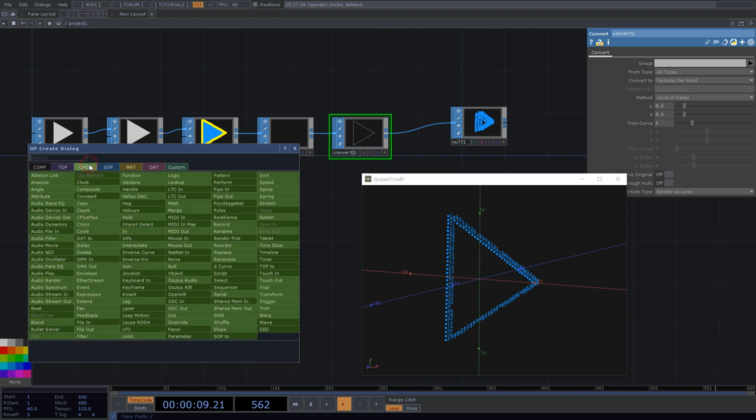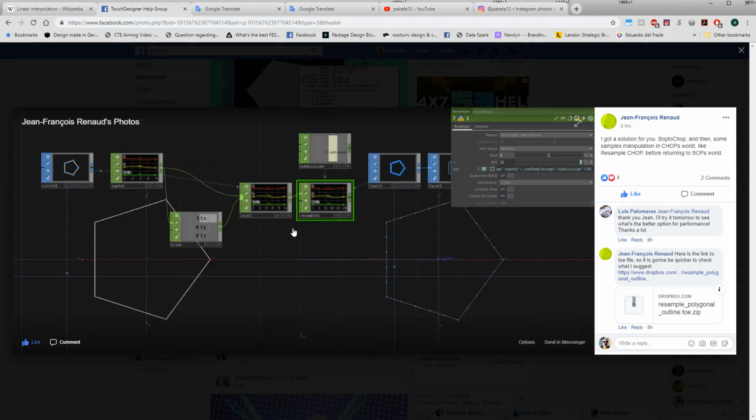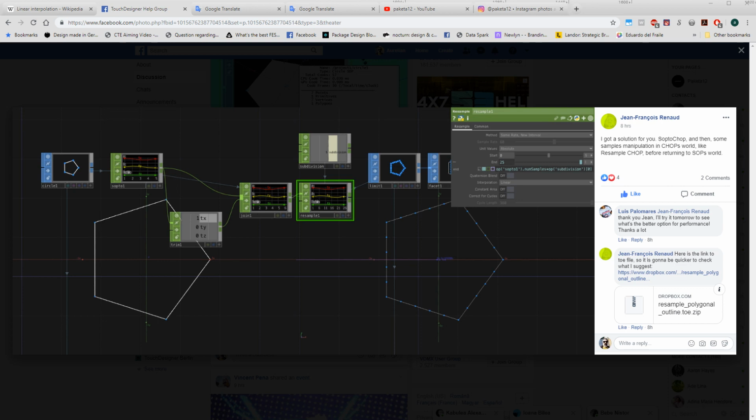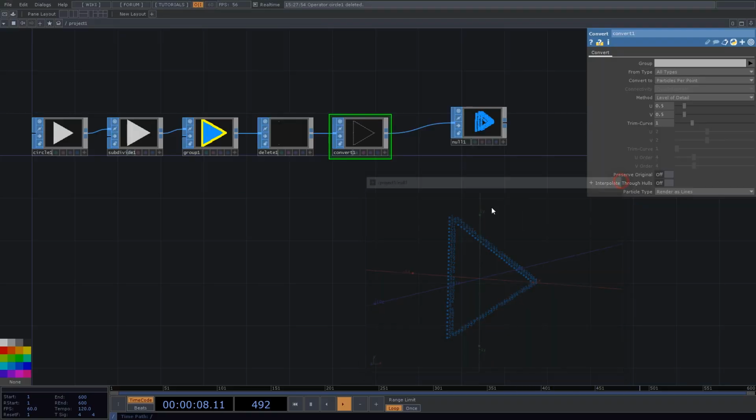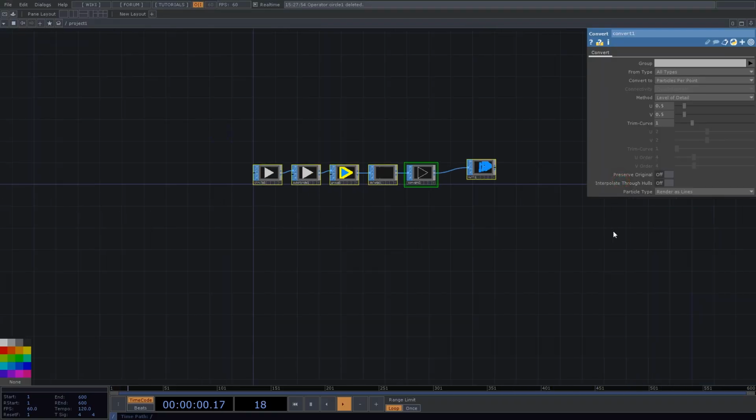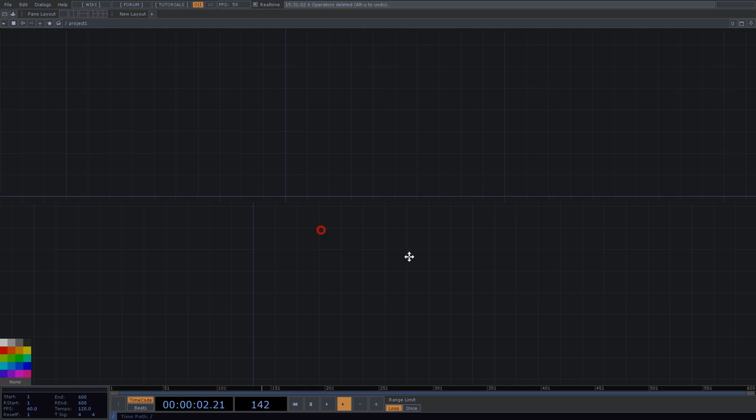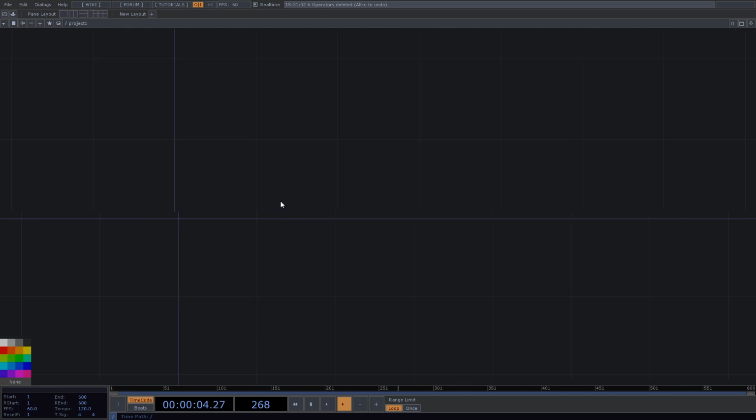So yeah, and about CHOPs, I found lately this approach of Jean-François Renaud, which is a wonderful way of doing the same thing, going through CHOPs. Okay, so let's start clean and do this first in SOP context and then in TOPs.